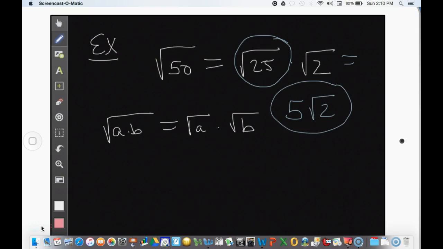Now usually when I do these breakdown problems, I put the perfect square first and then the non-perfect square second. This really isn't much different if I do this with radicals with variables. For example, say I had the square root of 72 a to the 10th b to the 5th.